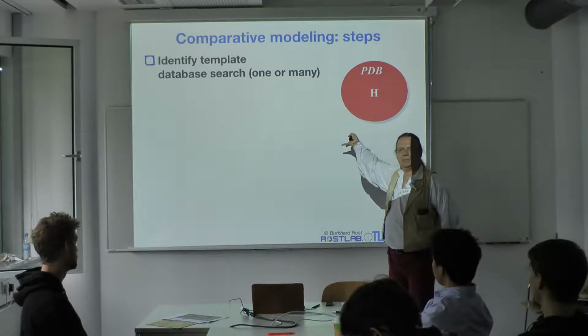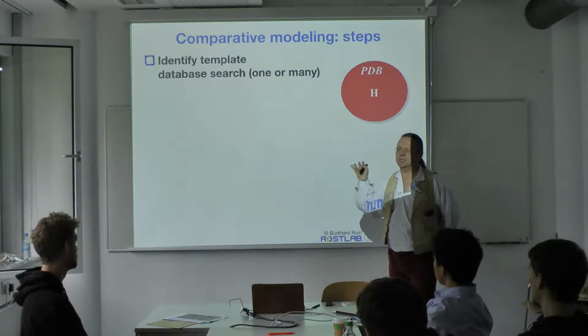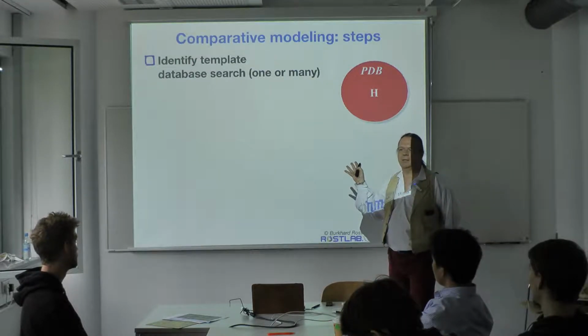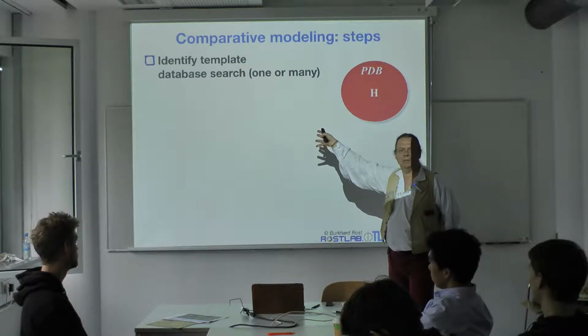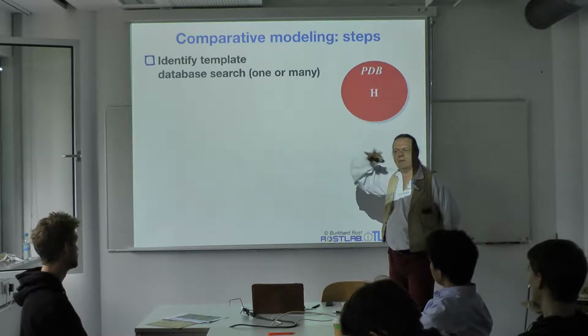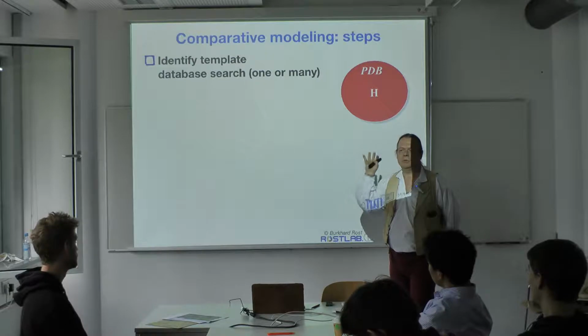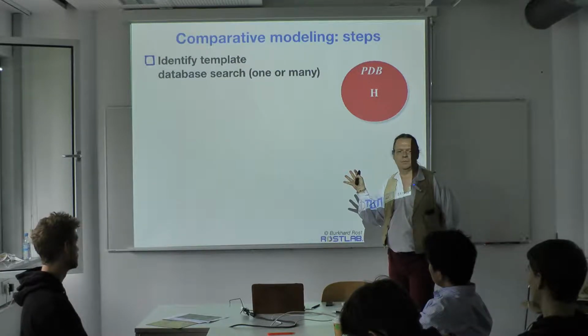For that protein in the PDB, you know the structure. It's experimentally known. Okay? You don't know the structure for your query. You have a pairwise sequence alignment. How do you build a model? It's the simplest thing you can do.